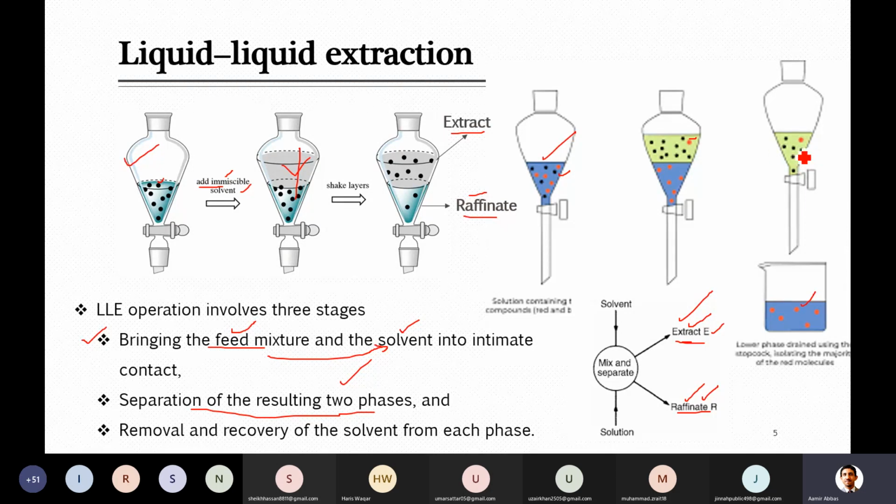So how will that recovery take place? You will go for some next separation techniques, which can be crystallization, distillation, absorption, any of those techniques.